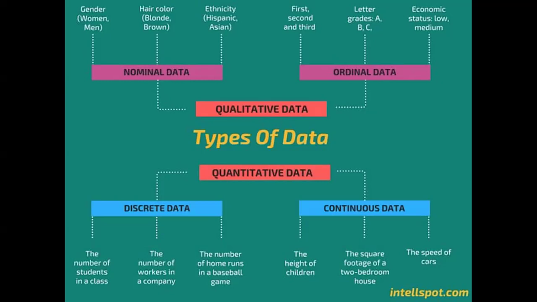These are considered continuous because they can be further divided into very long decimal numbers. Whereas discrete data are whole numbers, 0, 1, 2, 3, and something like that, or the negative ones as well.